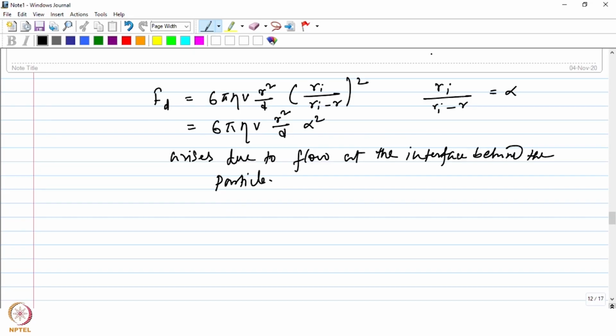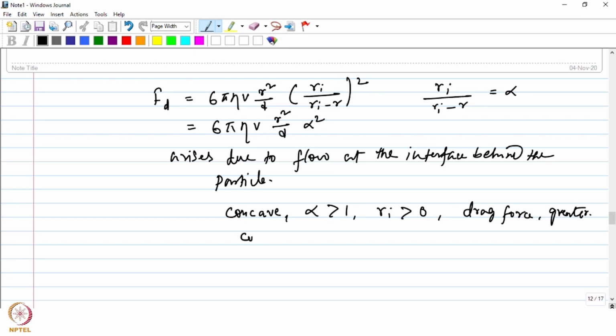However, for a concave interface corresponding to alpha greater than 1, Ri is greater than 0 and the drag force is greater compared to a planar interface.